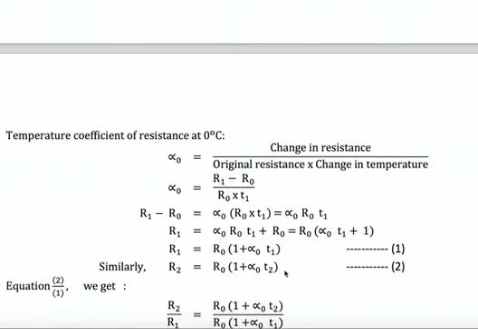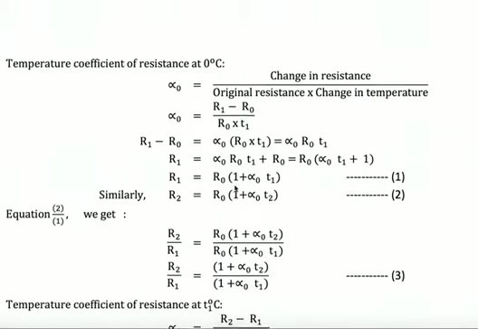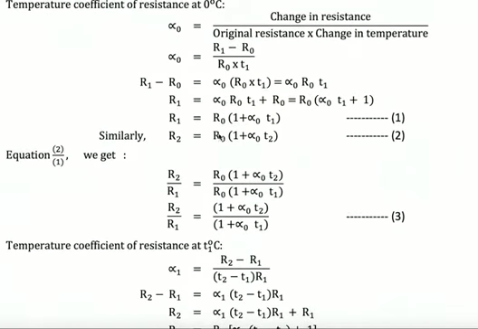So R1 minus R0 equals alpha naught into R0 into T1. If you take this one to that side, R1 becomes R0 into (1 plus alpha naught T1). Similarly, you can prove that R2 equals R0 into (1 plus alpha naught T2).